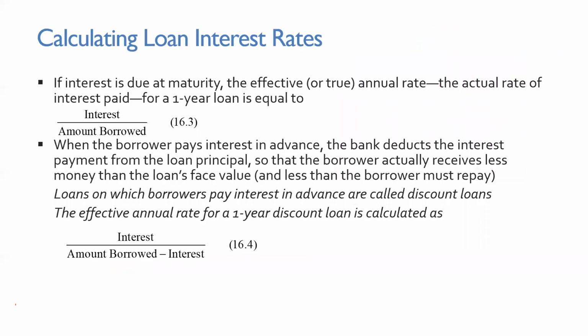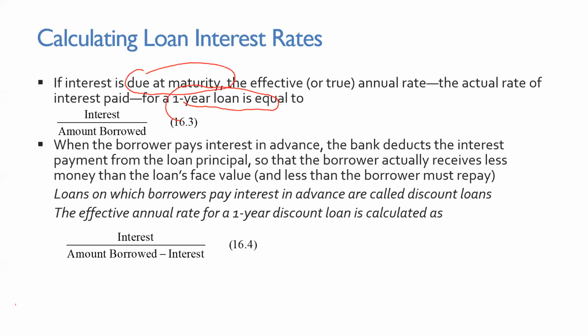So how do you calculate the interest of a loan? If the interest is due at maturity, the effective annual rate and the actual rate of the interest paid for a 1-year loan is equal to interest over amount borrowed. So remember, there are many assumptions here. It should be a 1-year loan, and the interest is due at maturity.